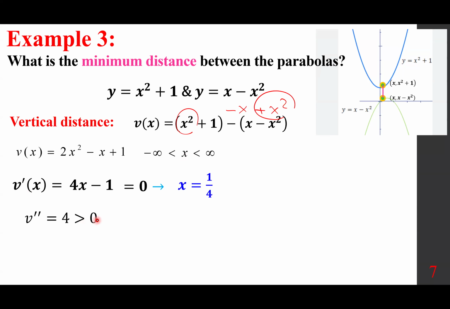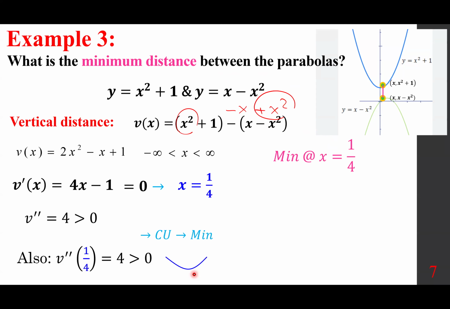In other words, even if I plug this in, because that's really the idea, it makes no difference. Any number that you have here, this will remain as 4, which is positive, which makes it concave up, looking like that, which makes it a minimum. So the minimum occurs at x equals 1/4.